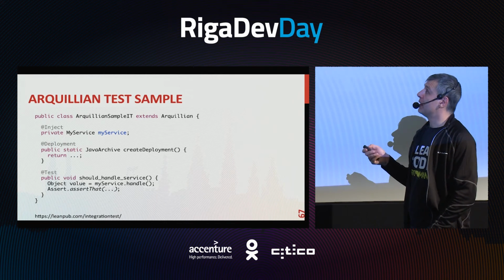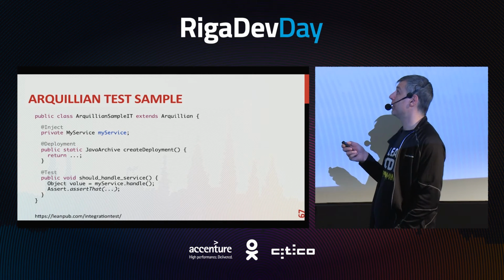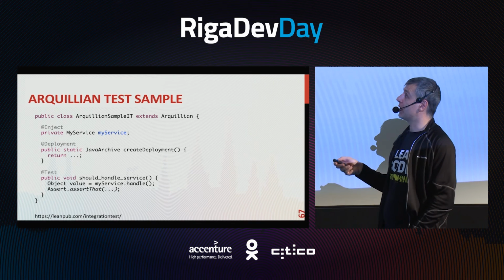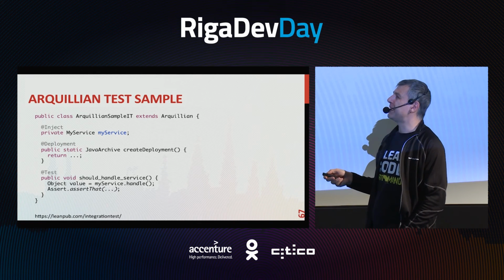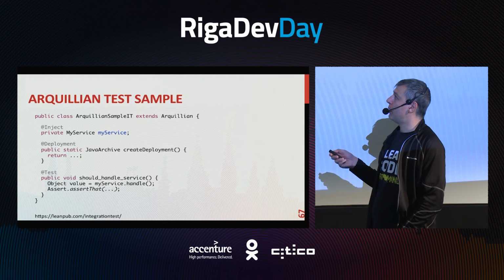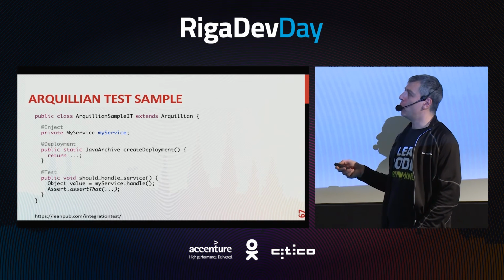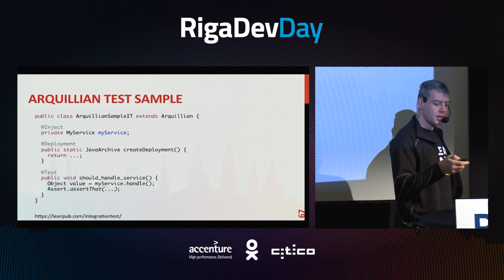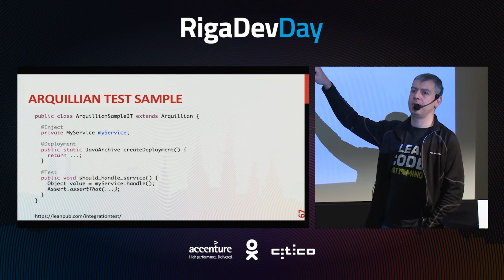Yes, this is our Arquillian test, and because we are using TestNG, there is no runner, so we have to extend Arquillian. Like Spring stuff, we can inject whatever you want. Here we have a specific method, static, and you can name it however you want. This will be the one called by the Arquillian framework. Here, you should create your ShrinkWrap archive.